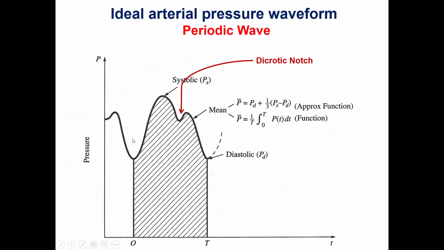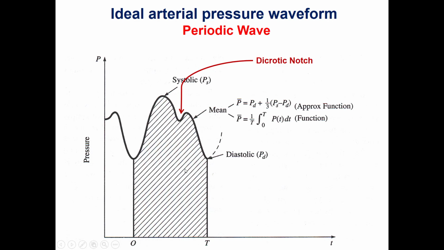We have this reading for the blood pressure, arterial blood pressure. The first point we should stress is that this wave is a periodic wave. And we will study later what a periodic wave means.